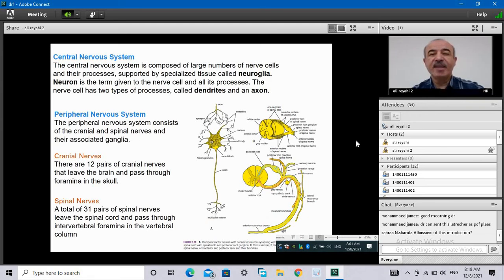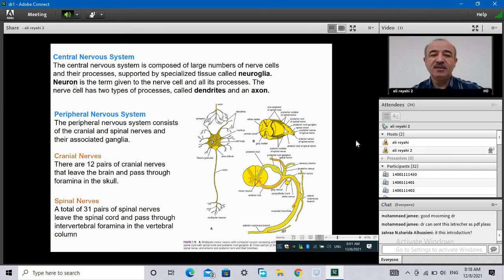The neurons form the nervous tissue, and the neurons are usually supported by specialized cells called neuroglia.